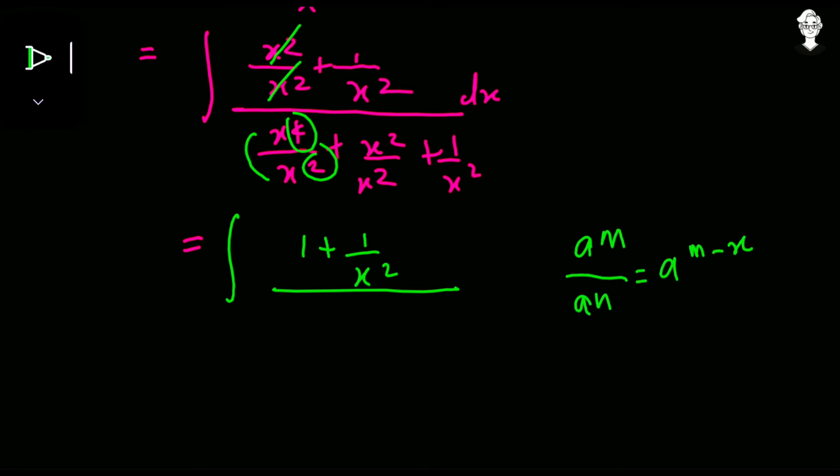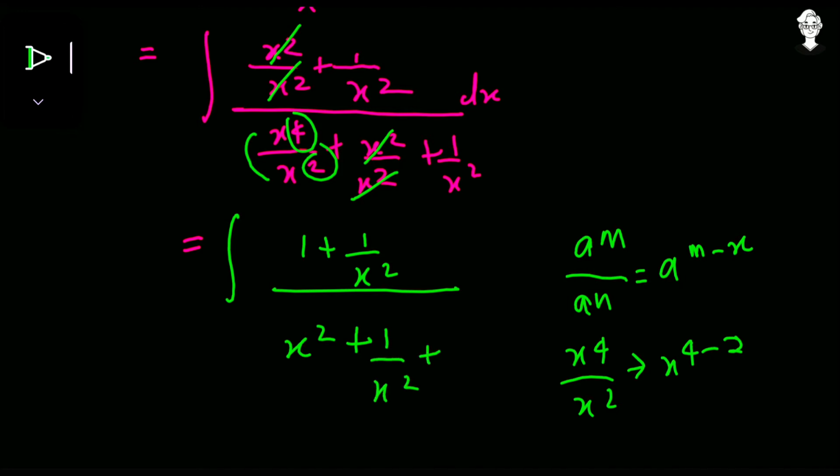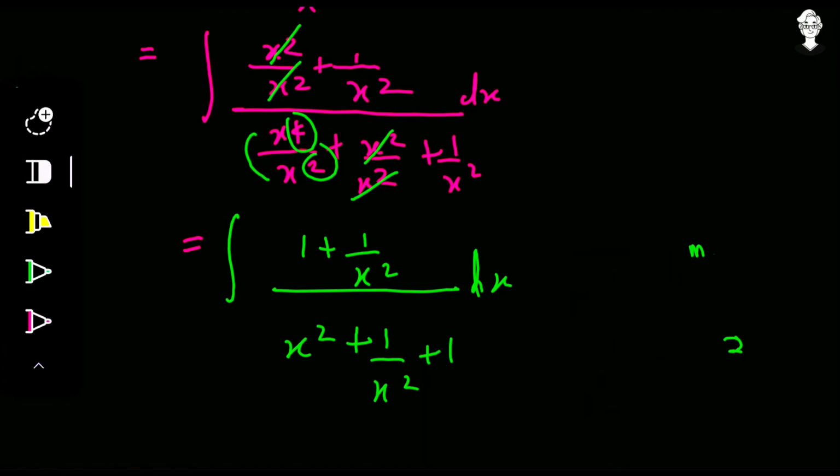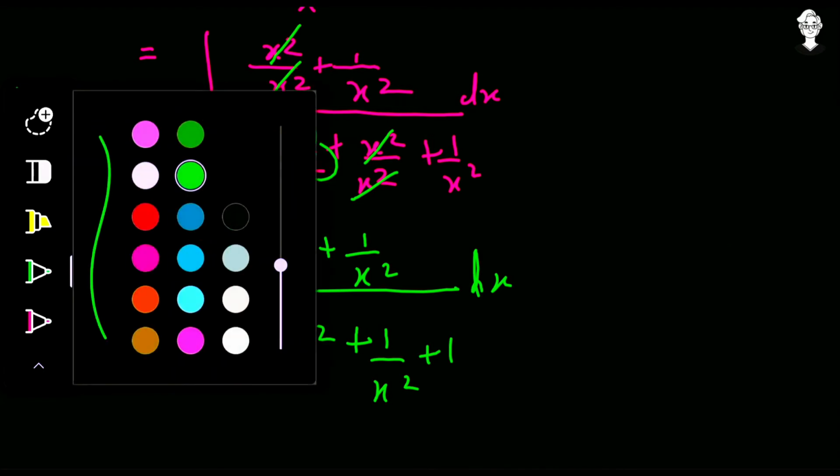Similarly, x to the power 4 upon x square forms x to the power 4 minus 2, which equals x square. Here x square upon x square got cancelled out, and 1 upon x square as it is. So I will write 1 upon x square first and then write positive 1. No difference, because nothing has been changed. I have just written the 1 upon x square earlier, and then the plus 1. Yes, so we have reached these steps.